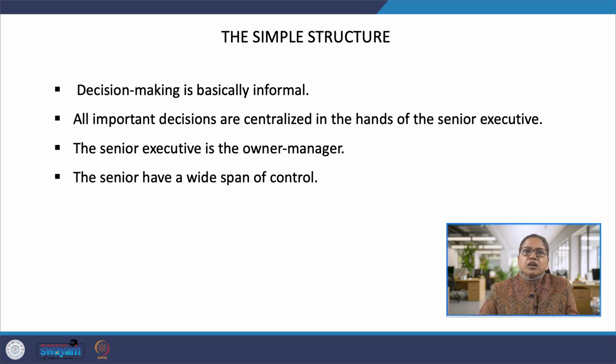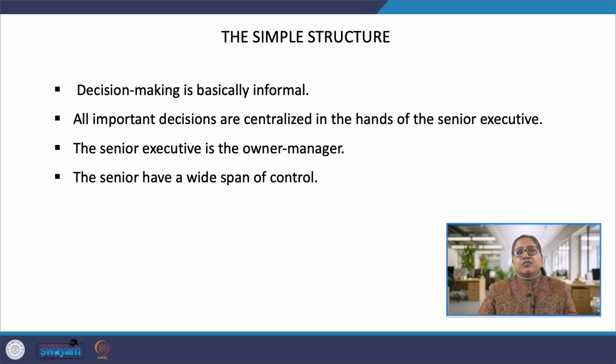Decision making is basically informal. All important decisions are centralized and in the hands of the senior executive or the owner, who, because of low complexity, is able to take in key information readily and also act rapidly whenever there is a need. So, the senior executive or the owner of the firm is exercising maximum control.